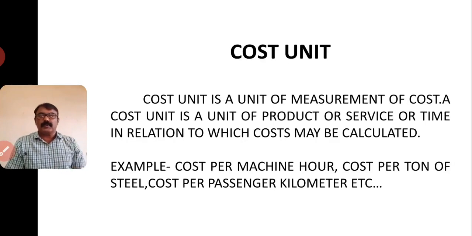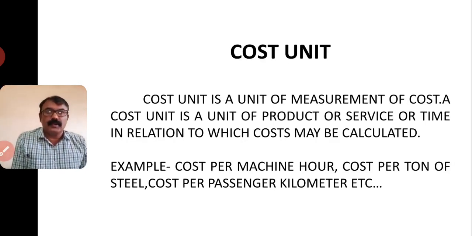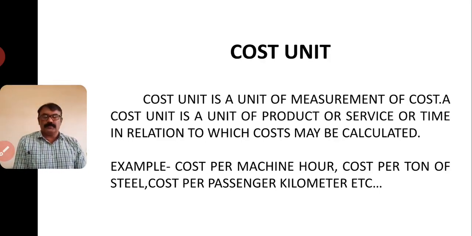I will come to the first concept, that is the cost unit. What is the cost unit? A cost unit is a unit of measurement of cost. It is a unit of a product, service, or time in relation to which cost may be calculated.